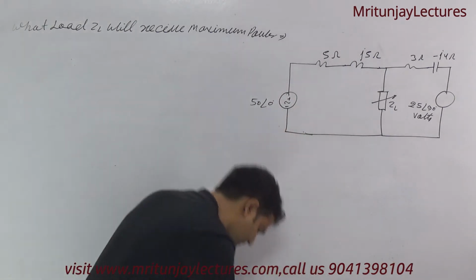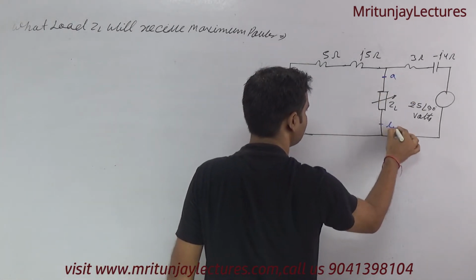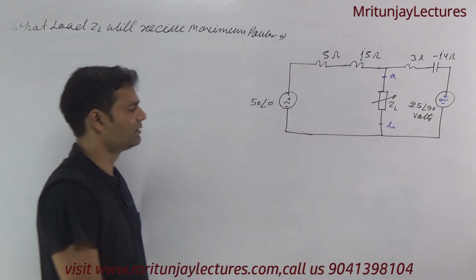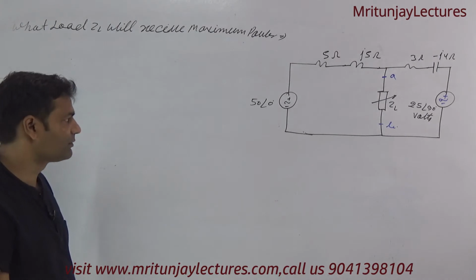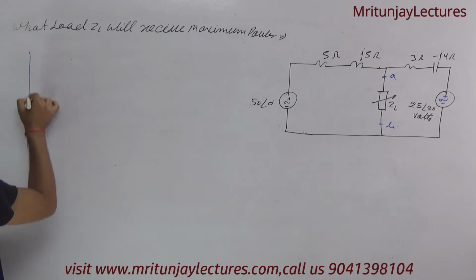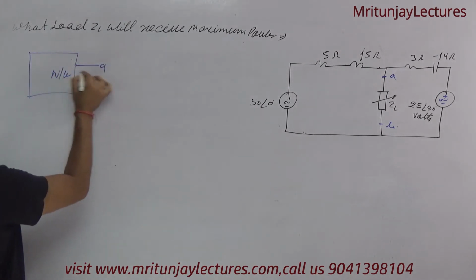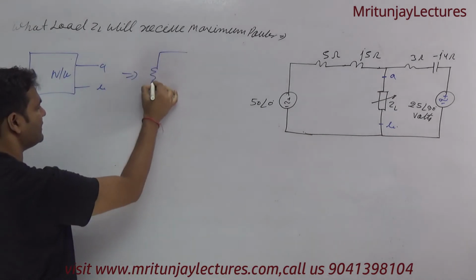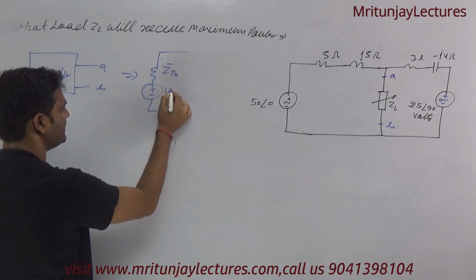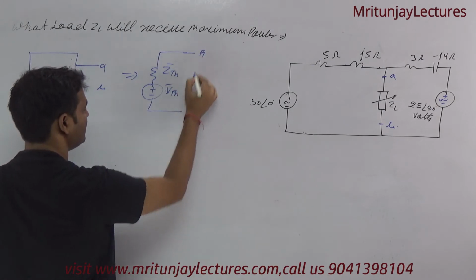This is ZL. Suppose that is A and that is B. First of all, I know that this circuit represents an AB network. If you represent it with RTH and VTH, ZTH here because of AC circuit, that's why, and that is VTH, clear? That is A and B.